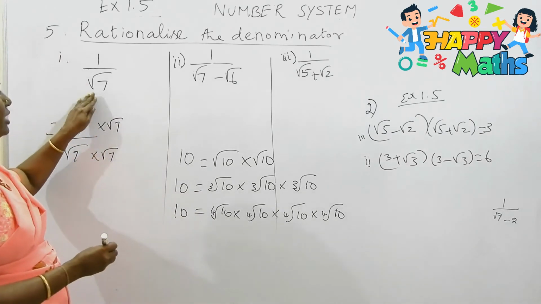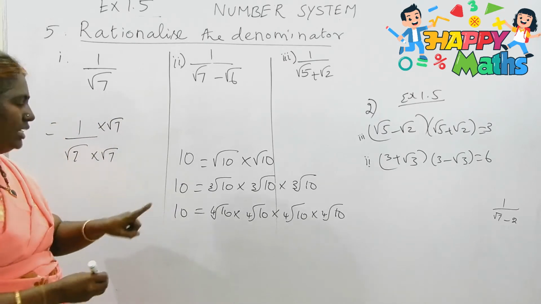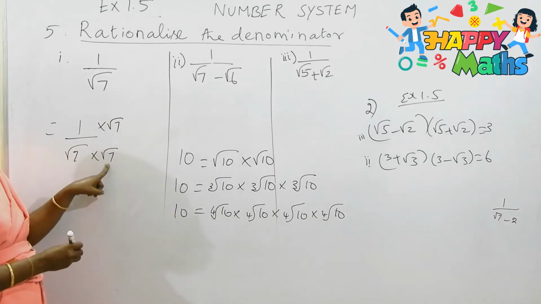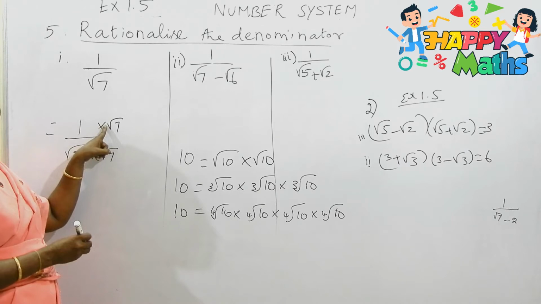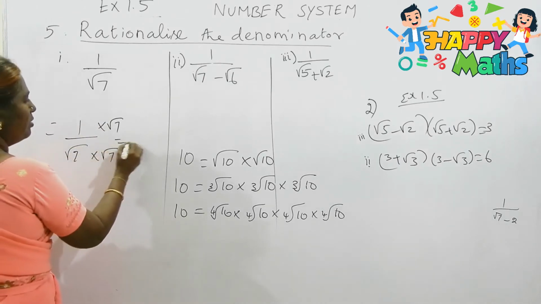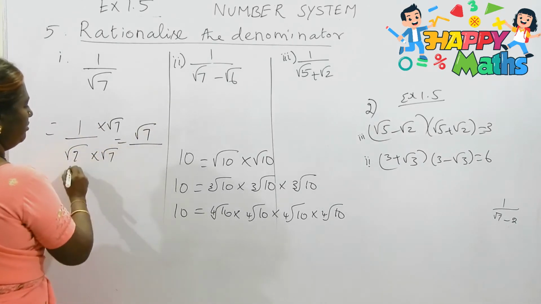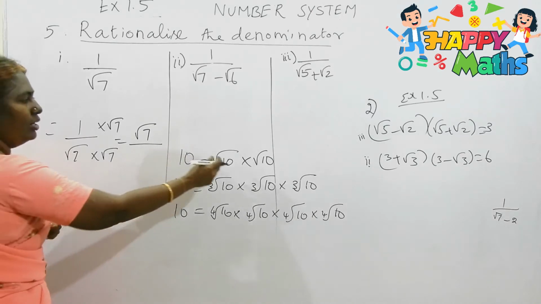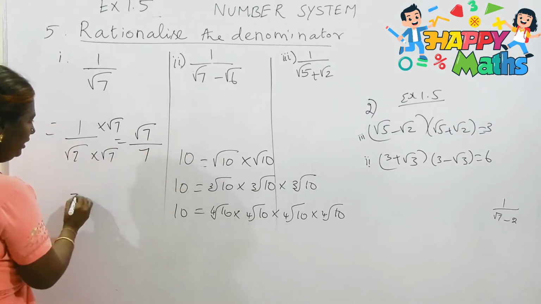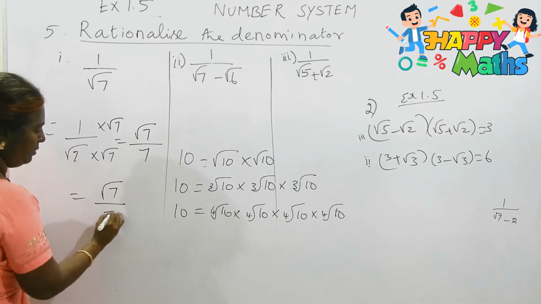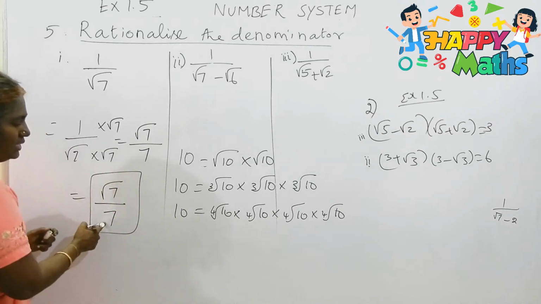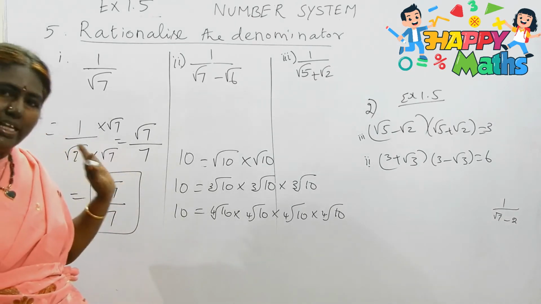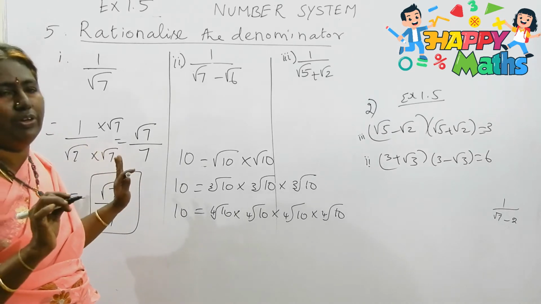So if I want to convert this root 7 into only 7, I need to multiply the denominator and also the numerator by root 7. Root 7 into root 7 is only 7. See, now our answer is root 7 by 7. So we have rationalized the denominator now. Yes or no? I think it is very clear for you.